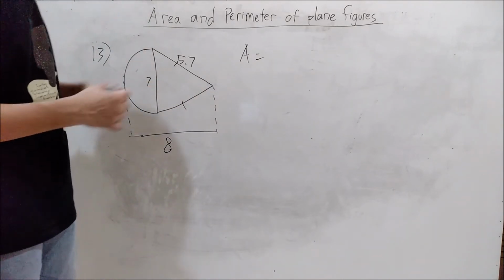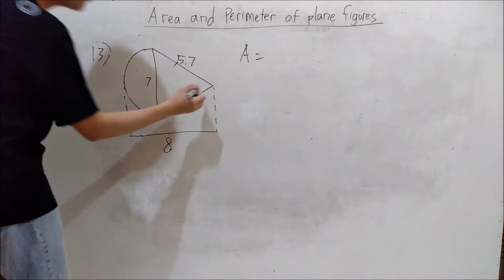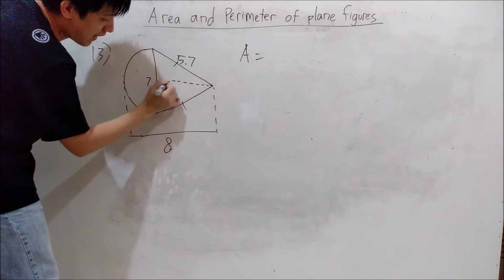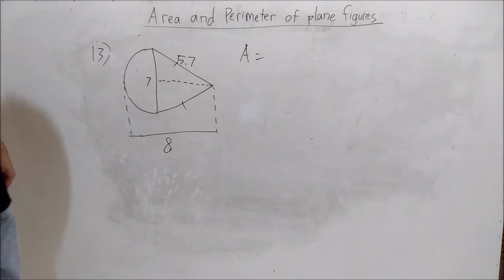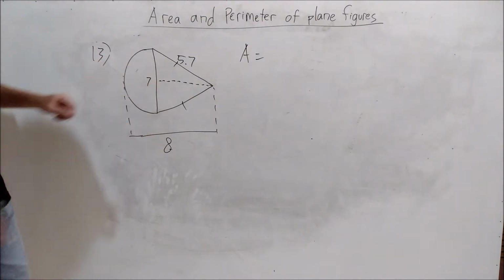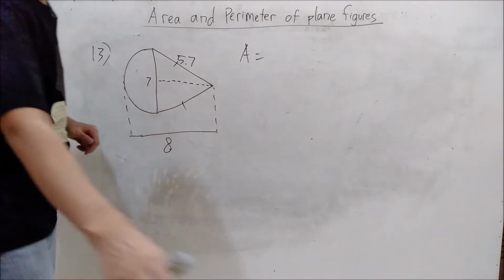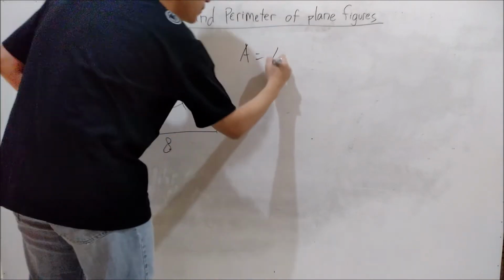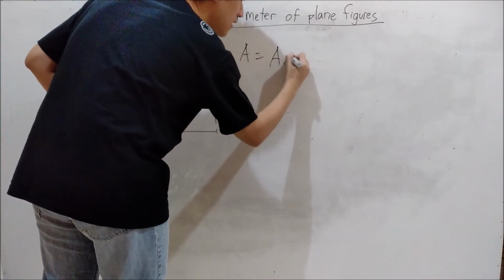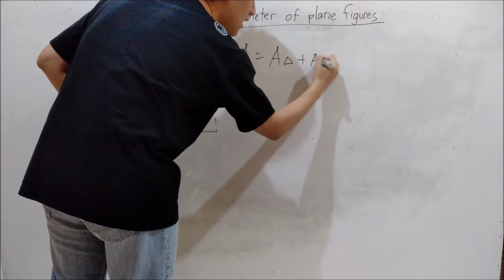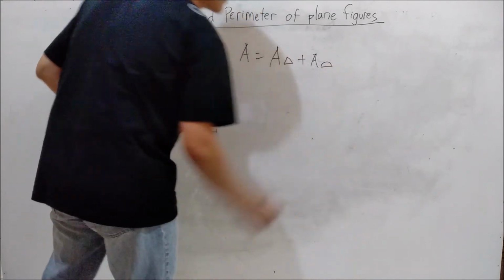So what we are going to do is use this as the height of the triangle, and this will be the base of the triangle. So it will be the area of the triangle plus the area of the semicircle.